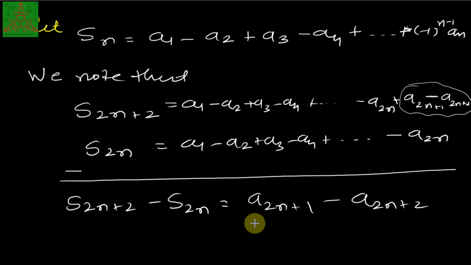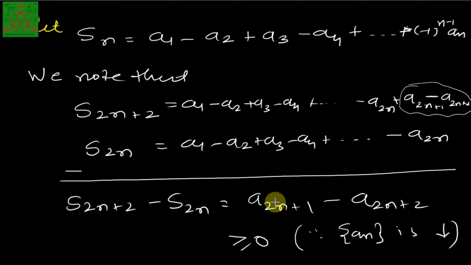We already note what is given: the sequence an is a decreasing sequence, so this value is always bigger than this one. So this is greater than or equal to 0, because an is decreasing and this term is bigger than this term.